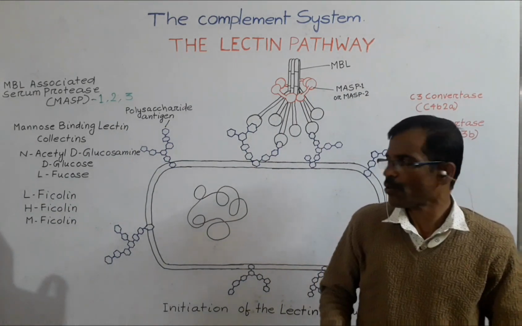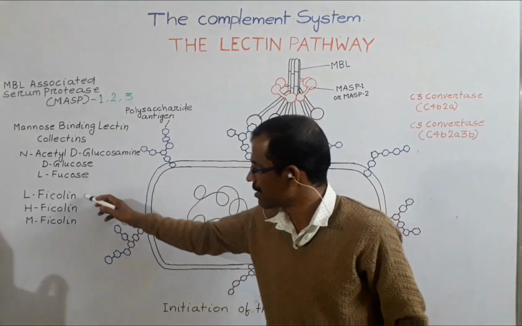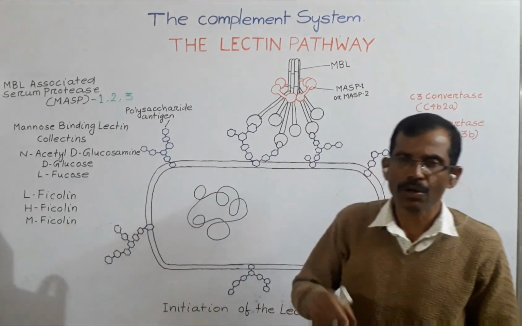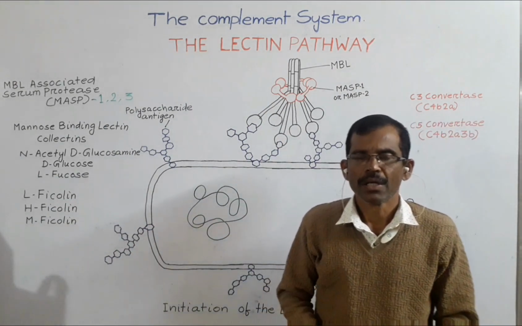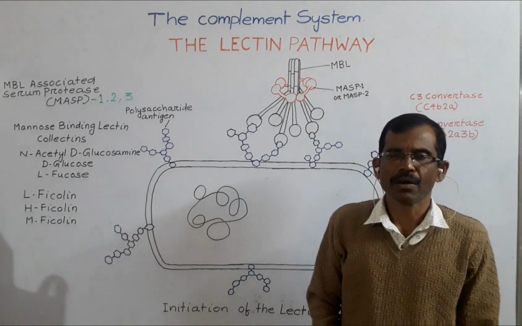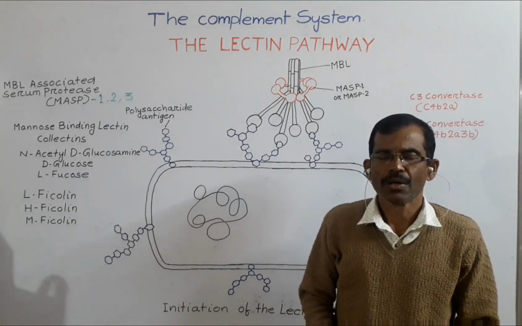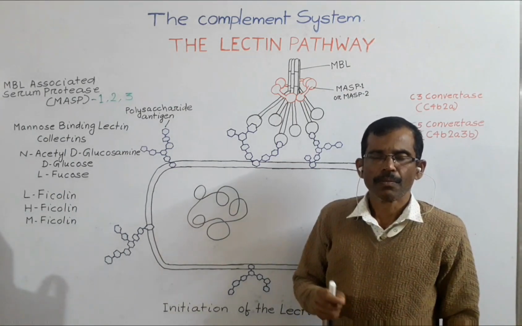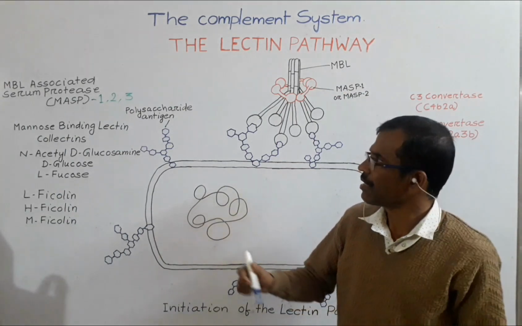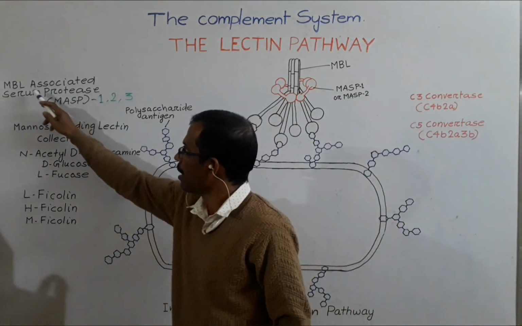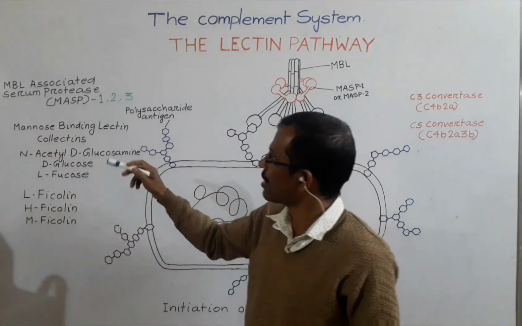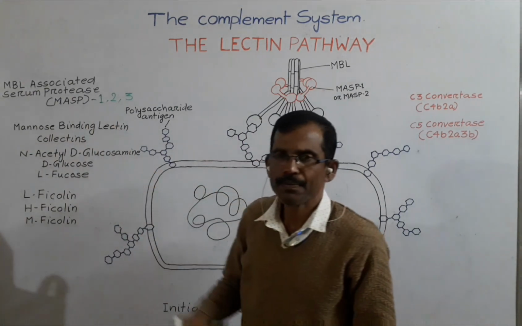Three different ficolins, L-ficolin, H-ficolin, and M-ficolin, recognize and bind specific carbohydrate components present on the microbial surface. In serum, mannose binding lectin is associated with MBL associated serine protease, known as MASP.